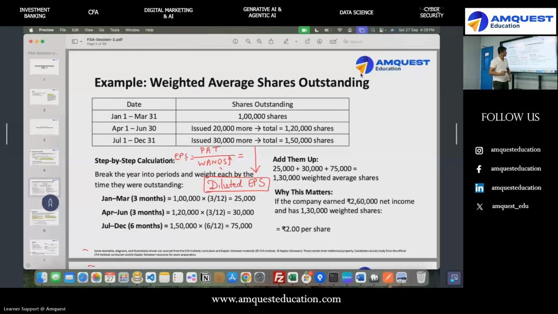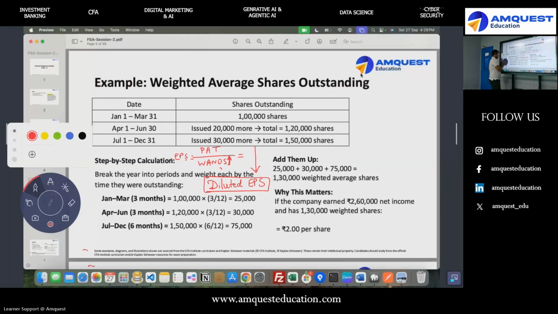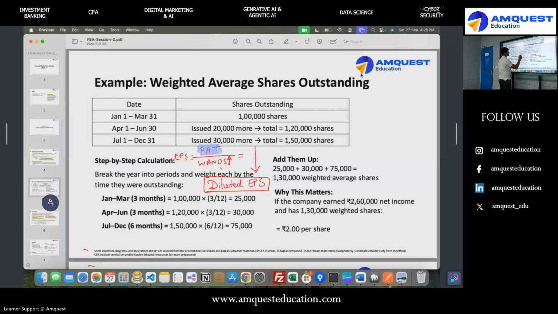Clear? Those that are issued and are likely to convert. So you understand from the formula that on conversion, my WANOS will go up. But tell me, on conversion, is this figure likely to change? If you convert into equity shares, will the PAT number change? Guys, answer. Will the profit after tax number change?